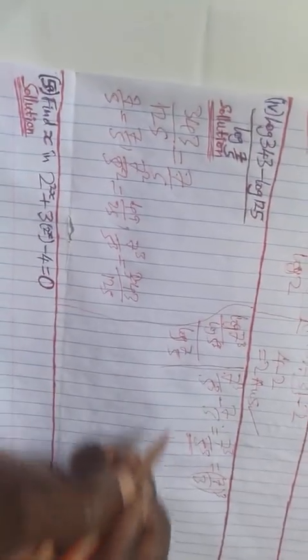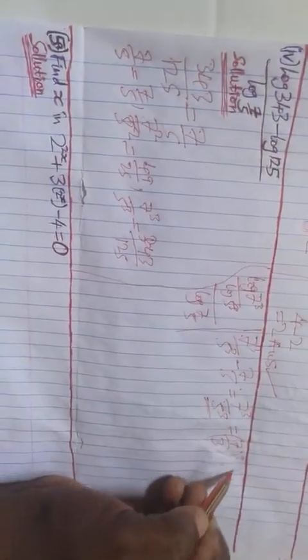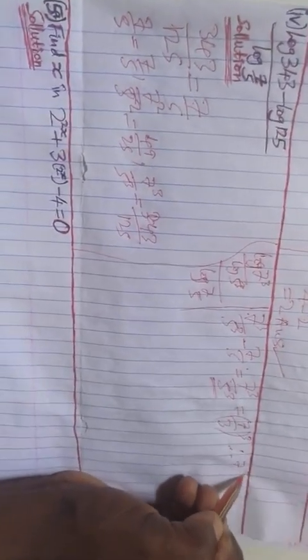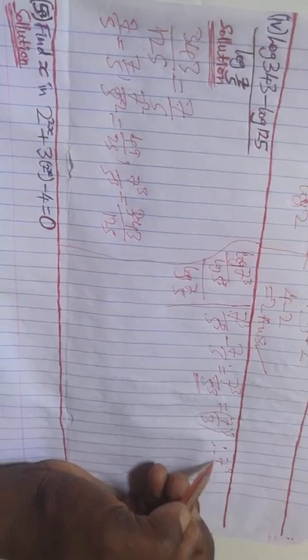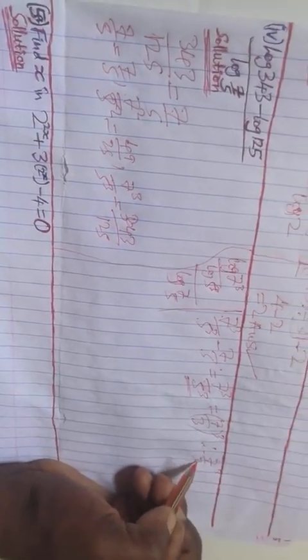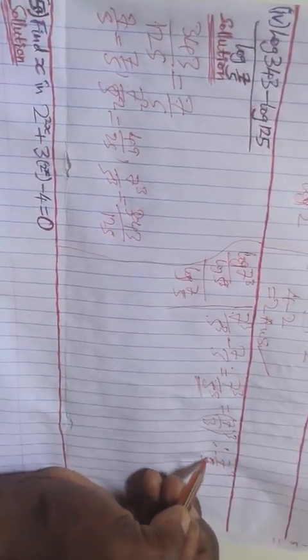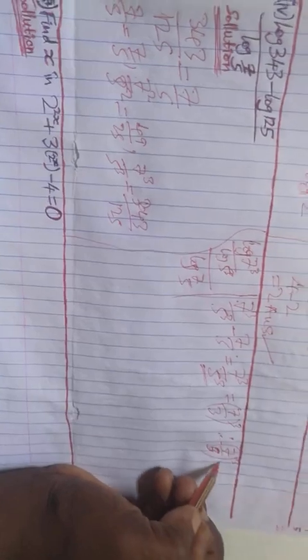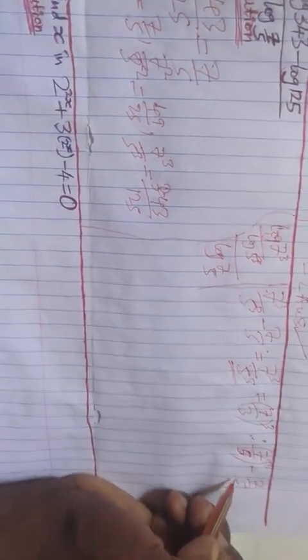Therefore we say 7 over 5 power 3 minus 7 over 5.